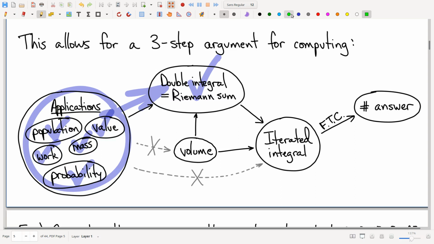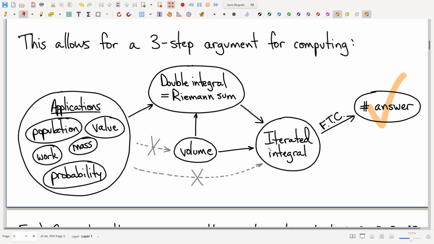Step 2, make the argument that double integrals, aka Riemann sums, are iterated integrals. And step 3, compute your iterated integral with the fundamental theorem of calculus to get your answer. 3-step process, and it works great. Is everybody on board?